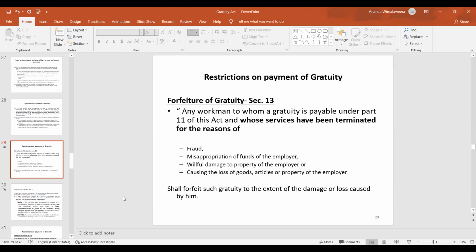Fourth bullet, causing the loss of goods, destroying produced goods. Causing the loss of goods, articles or property of the employer.